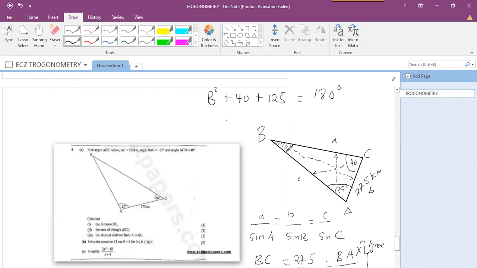Add for me 40 plus 125. 165. Yes, so 165 plus B is equal to 180. This crosses over, so B becomes 180 minus 165.